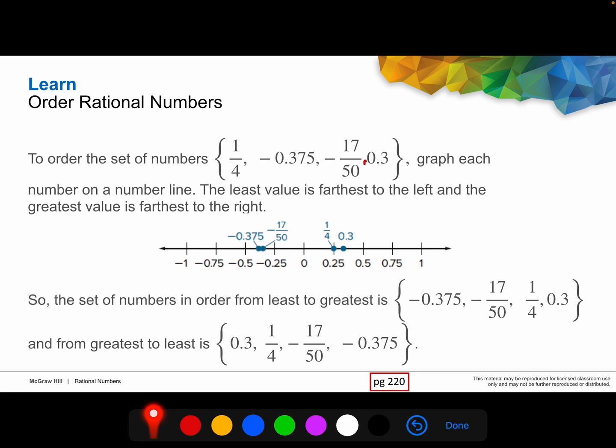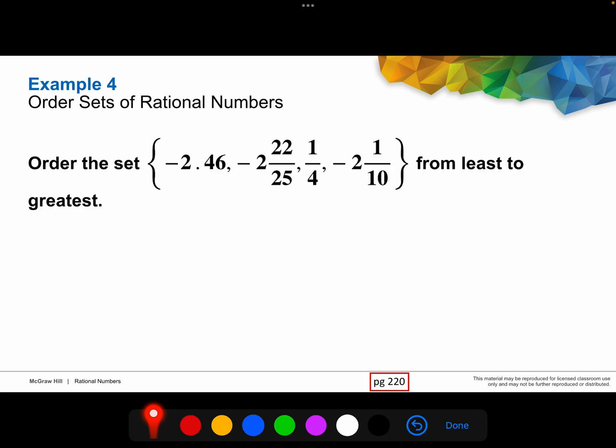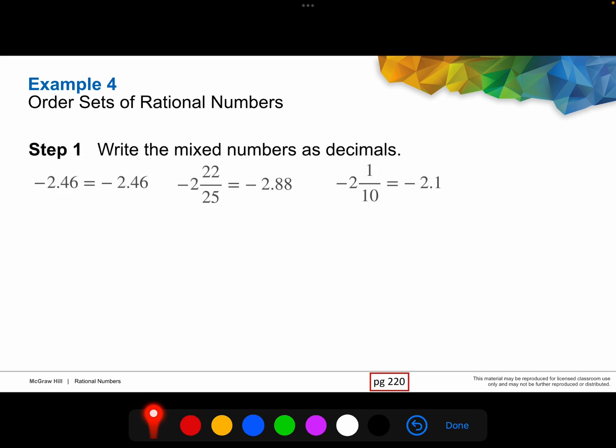Okay, right to left. All right, let's order negative 2.46, negative 2 22/25, 1/4, and negative 2 1/10. Now you can see that 1/4 is the only positive, so that's going to be my greatest. Now we only need to compare these three. So let's write them all as decimals. Our first one is given to us as a decimal, negative 2.46. Negative 2 22/25 would be nothing but negative 2 88/100, which can be written as negative 2.88.